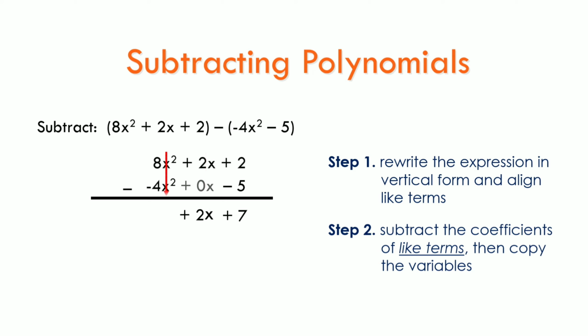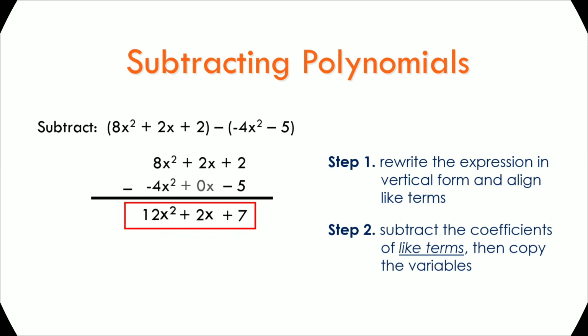Lastly, we have 8x raised to the power of 2 minus negative 4x raised to the power of 2. That's just 8 minus negative 4. And the answer is positive 12. Then, you simply copy the variable which is x raised to the power of 2. So, the final answer would be 12x raised to the power of 2 plus 2x plus 7.